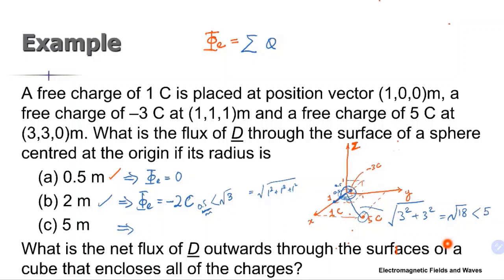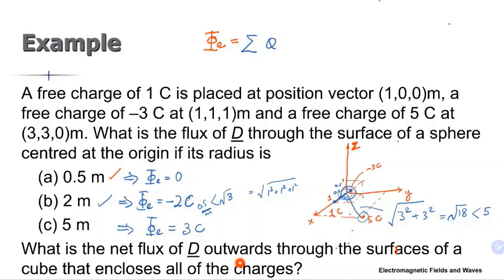So all 3 charges will be enclosed, yeah? So if I draw a sphere of 5 meter in radius, then all the charge will be enclosed. And what is this equal to? Okay, so there will be 1 plus minus 3 plus 5. Okay, so there will be 3 coulombs.